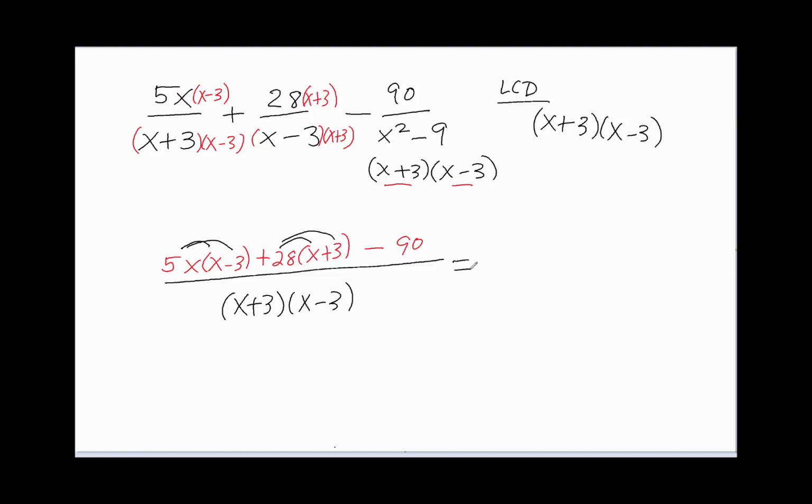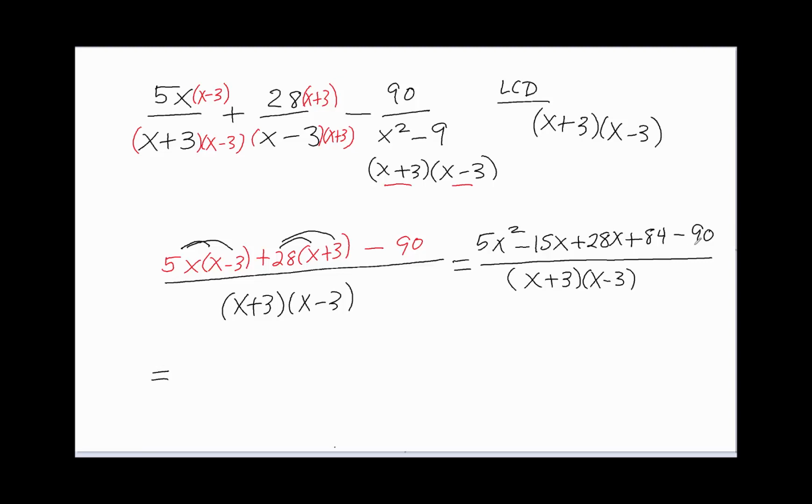So if I distribute, I get 5x squared minus 15x, that's if I distribute this 5x, plus 28x plus, now I need to do 28 times 3, that's going to be 84, and then minus 90. And all of that is still over my LCD, (x plus 3)(x minus 3).